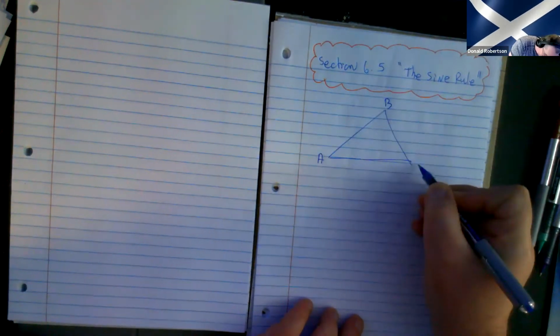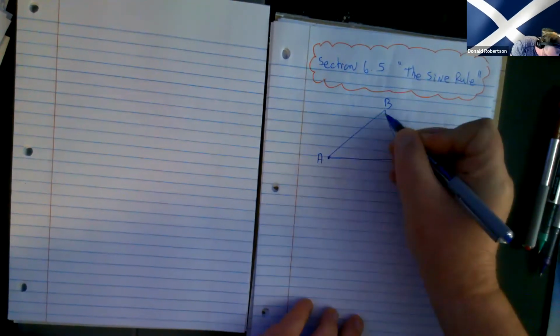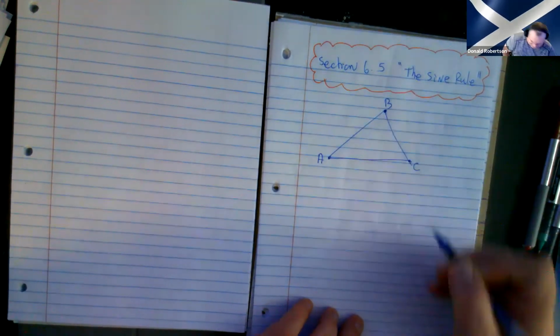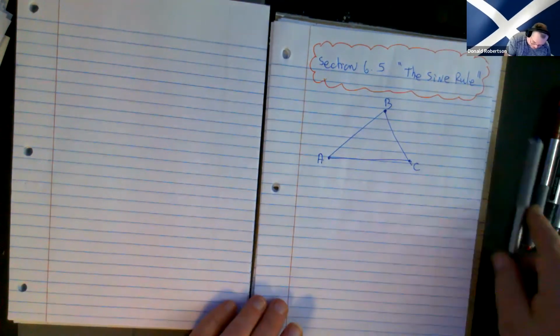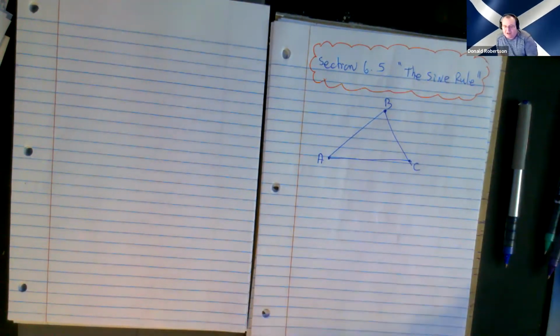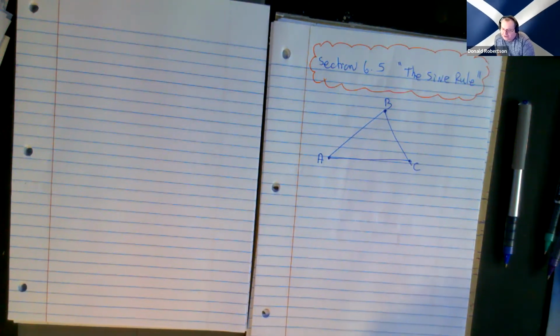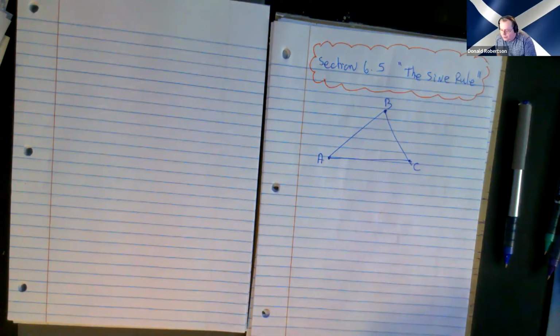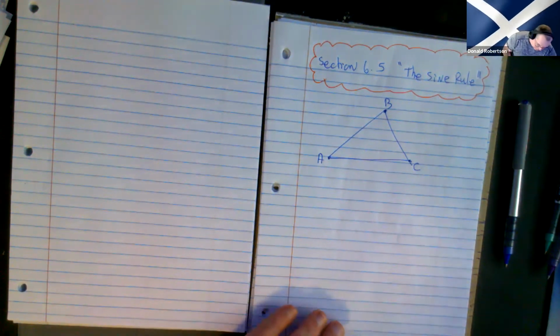If you call a triangle ABC, so you name these points A, B, and C, the way that we name the sides, we don't have opposite, adjacent, hypotenuse. That doesn't work with non-right angle triangles. There's no way of telling which one's which.